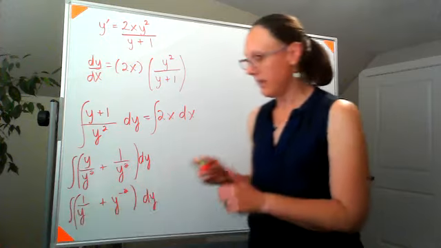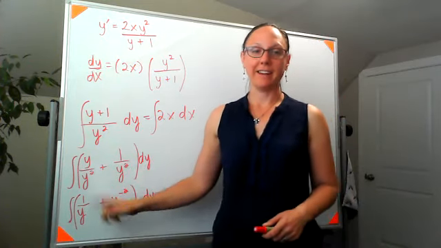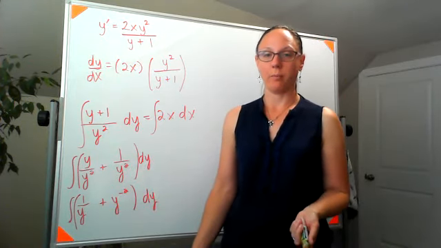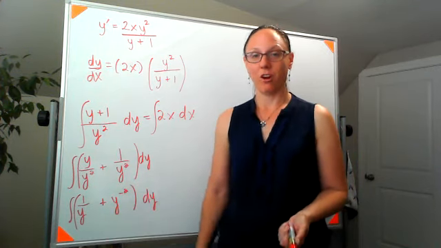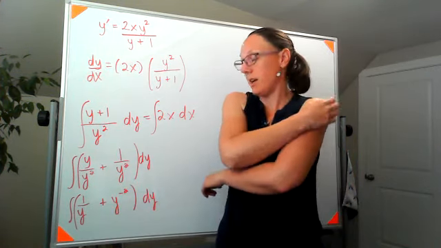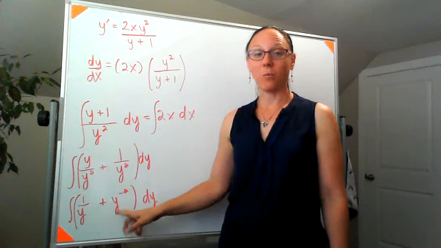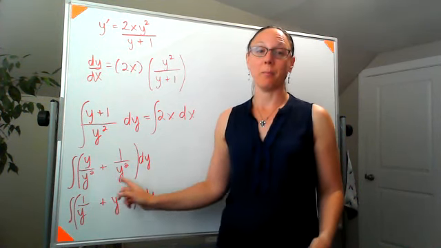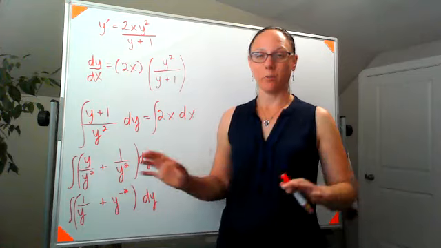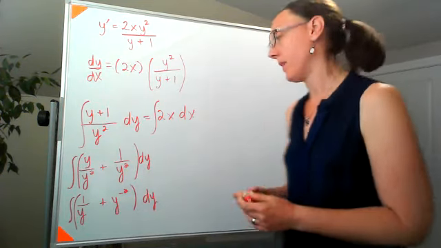There's a reason that I took the first piece and I didn't write that as y to the negative 1 power. This in particular is our special natural log integral. But this guy, y to the negative 2, that's not a natural log, so I'm going to have to be using the power rule on this. That's why I wrote the two pieces differently.